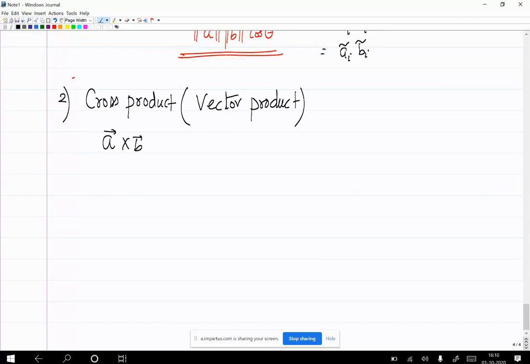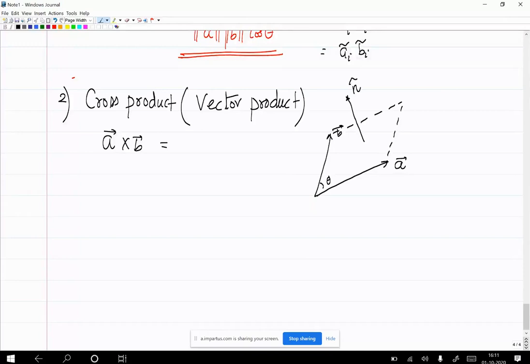So A cross B. You can also think of it graphically. You have a vector A and then the vector B, and here's an angle theta. And think of this parallelogram. And this parallelogram will have some normal n, isn't it?